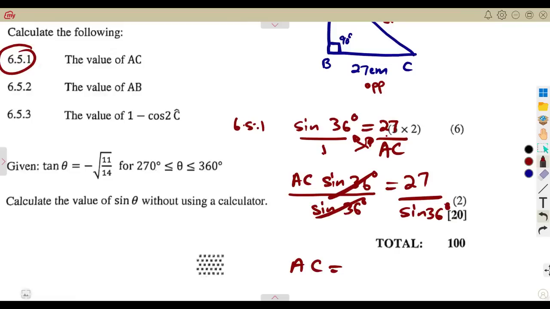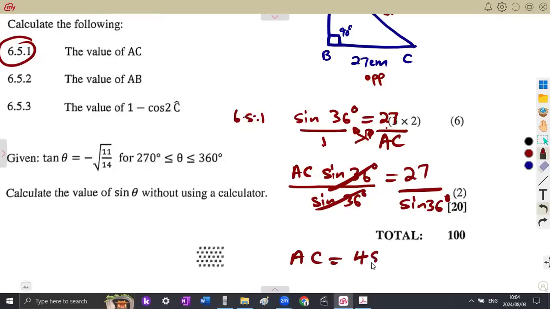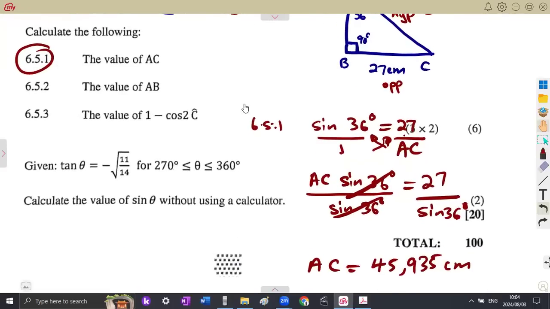Let's see what we are going to have on our calculator here. 27 divided by sine 36 is going to give us 45.935 centimeters. Let's check the units. These are centimeters, so our answer is in centimeters also.